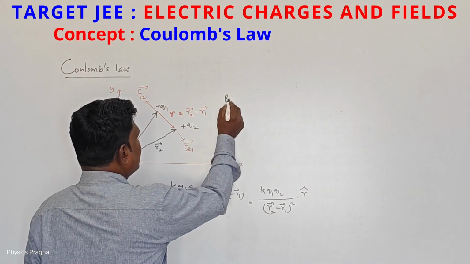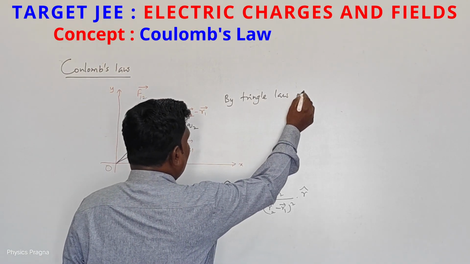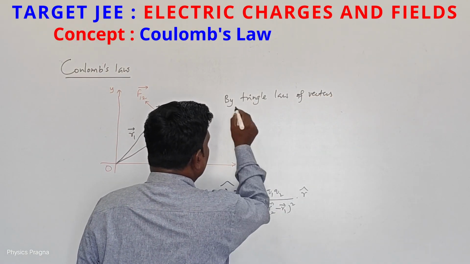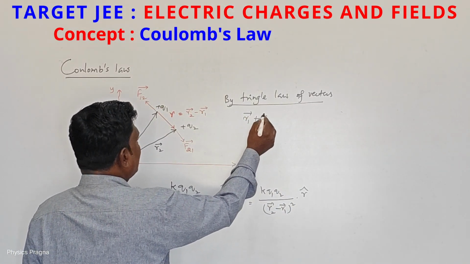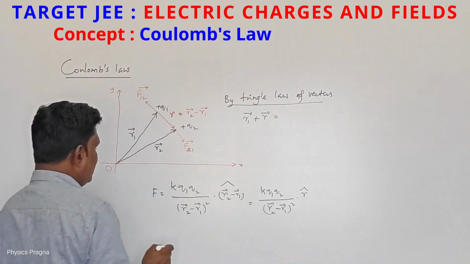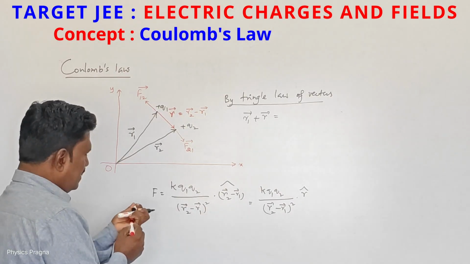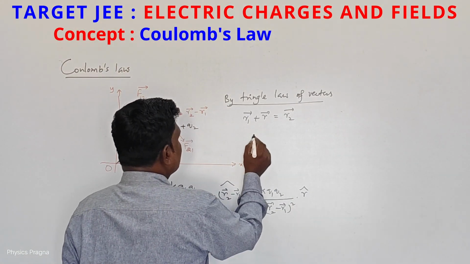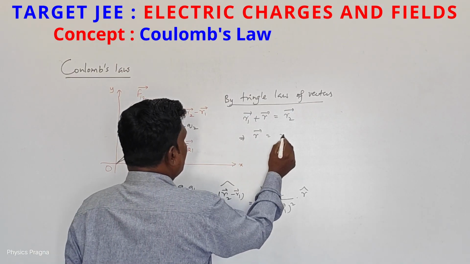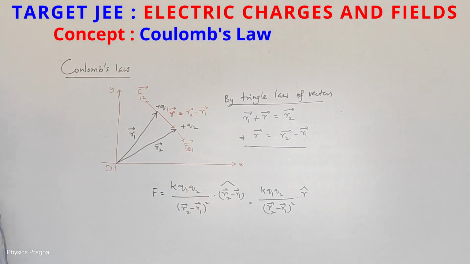So by the triangle law of vectors, we can write R1 bar plus R bar is equal to R2 bar. So R bar is equal to R2 bar minus R1 bar.